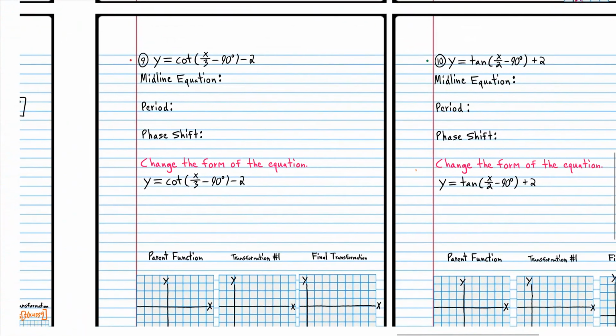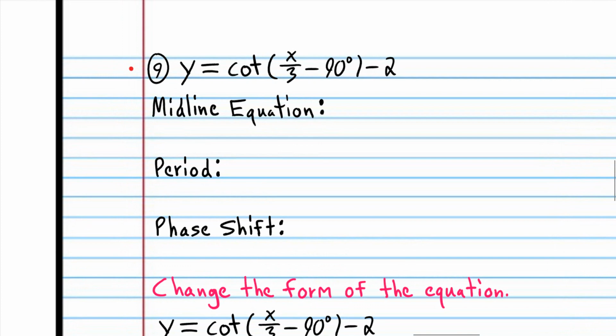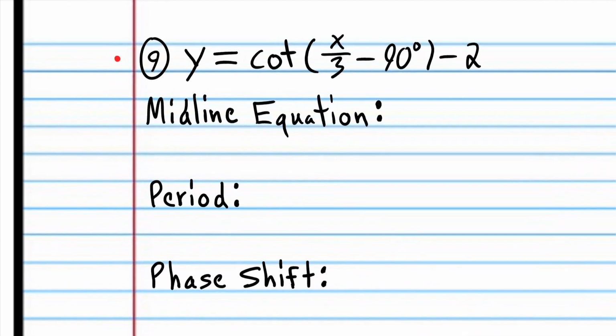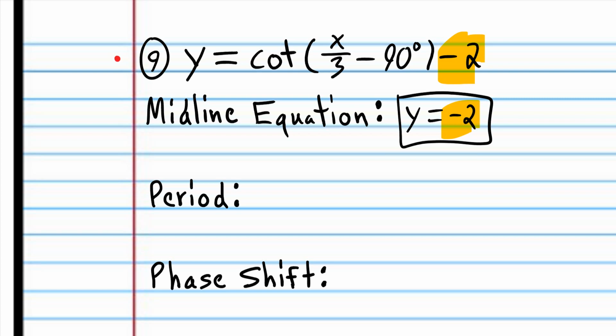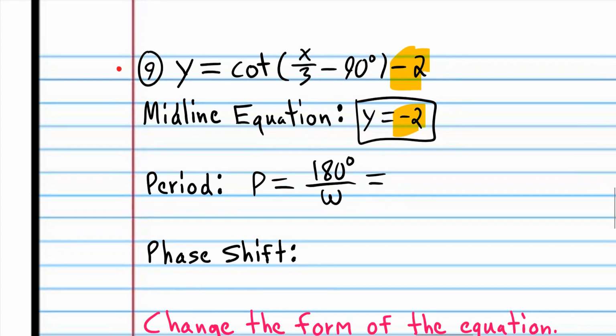Okay, on to number 9. Now we're going to move on to the tangent and cotangent curves. So the midline is y equals -2. The period is going to be different now because we're dealing with the cotangent and tangent curves. So it's 180 divided by omega, not 360.